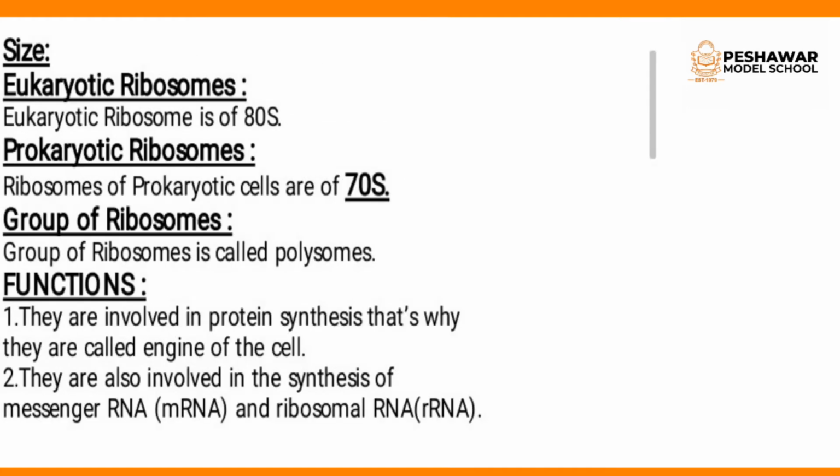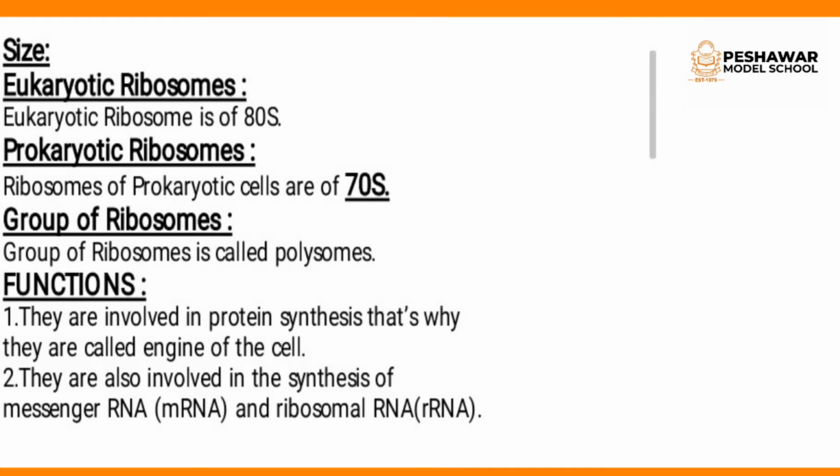We discussed the eukaryotic and prokaryotic cell in detail, and I told you that the eukaryotic cell has all the cell organelles. It has ribosomes which are large in size, but the prokaryotic cell has no cell organelles. They have no nucleus. They have just ribosomes which are small in size. So remember that the eukaryotic ribosomes are large in size, they are of 80S.